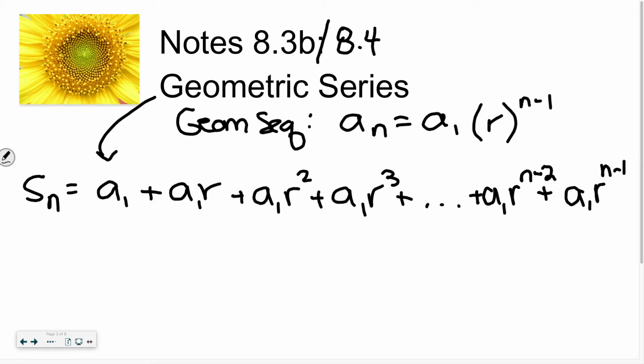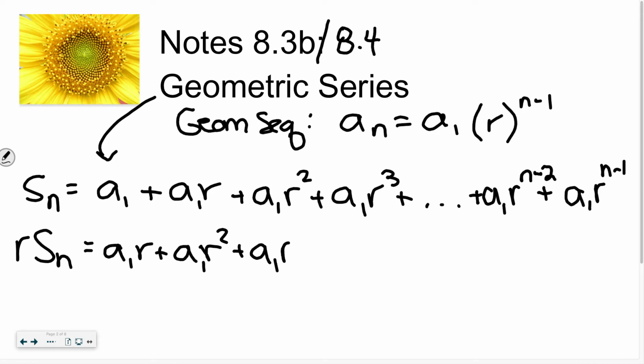Okay, so I'm going to say r times s sub n is equal to, and then I got to multiply this whole side by r, so every single term gets multiplied by r. This is now a sub 1 r plus a sub 1 r squared plus a sub 1 r cubed plus a sub 1 r to the 4th, right?